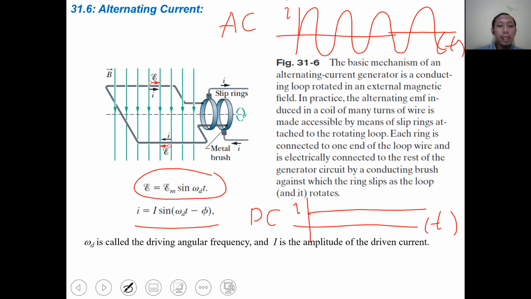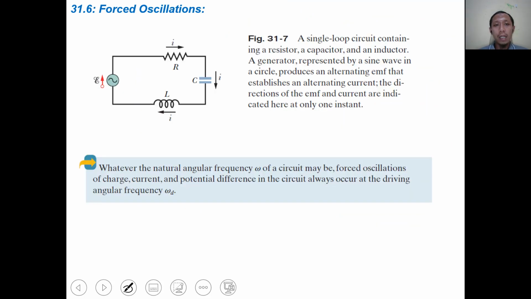This is the big I and big Em, which means the maximum value of the sinusoidal current or voltage. And ω_d is the driving angular frequency. Like in Indonesia, it is 50 hertz, and in another country they use 60 hertz. This is the angular frequency of the current or the voltage in our daily life.